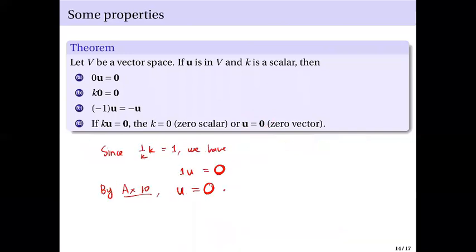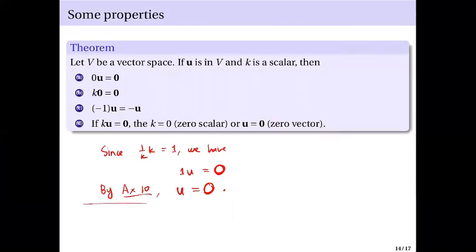Now, suppose that the vector u is not the 0 vector. I think I want to be clear on this part, so let me write this more completely.